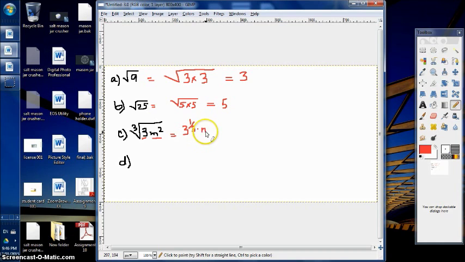Now 2 raised to 1/3, again, my denominator is the radical, so I know that this is the cube root of 2.